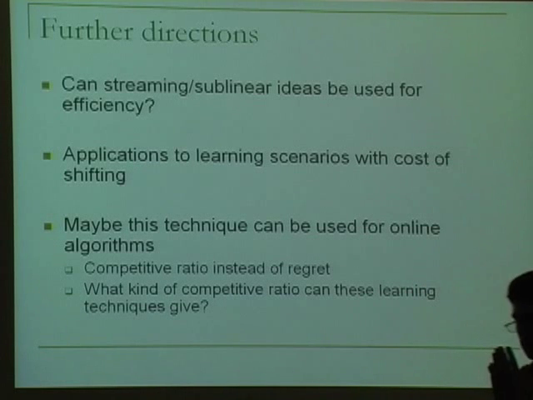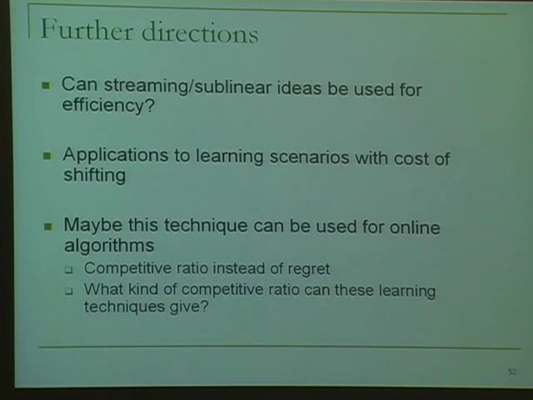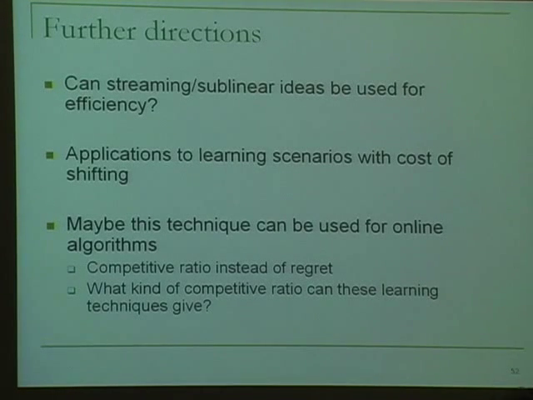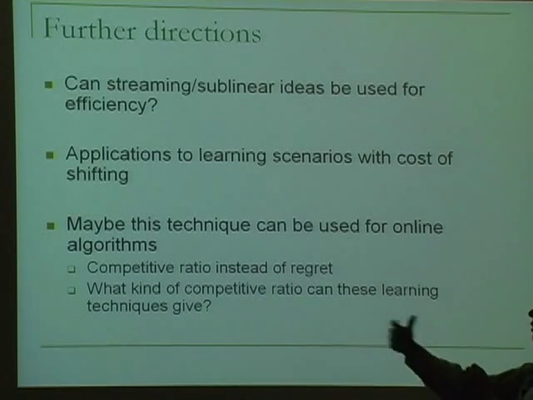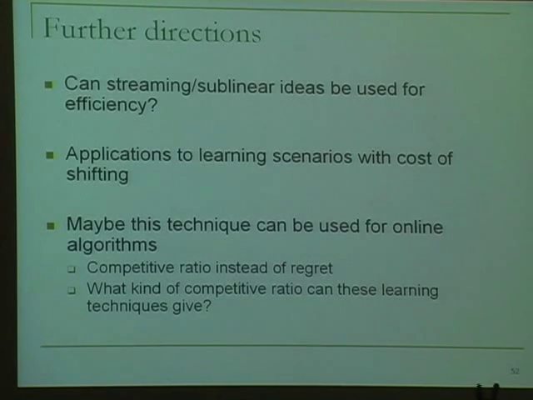And so just to end, for further directions, I think the first thing that should be looked at is whether these streaming or sublinear ideas can be used to get efficient learning algorithms. It seems like something that people have not explored before. Now think of the following scenario where you want a learning setting with a cost of movement. It makes a lot of sense in something like portfolio management. The moment you change your portfolio, you pay some cost for that.